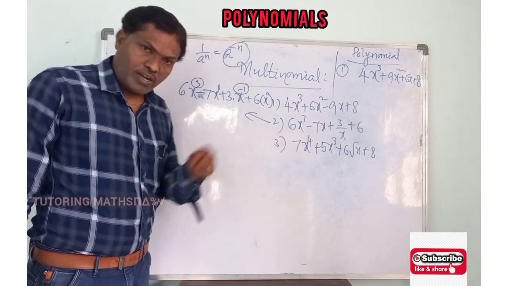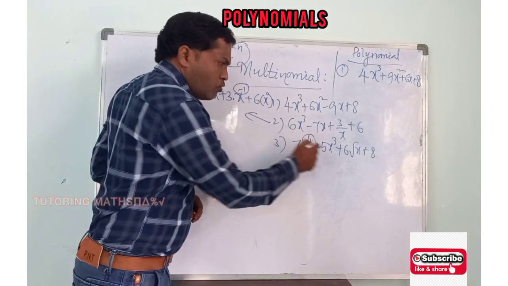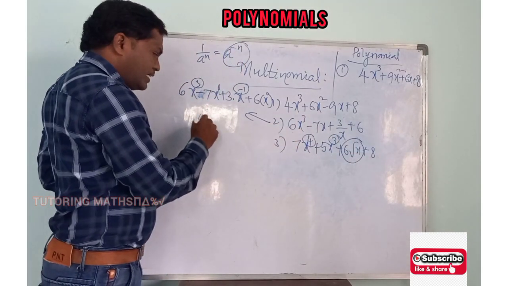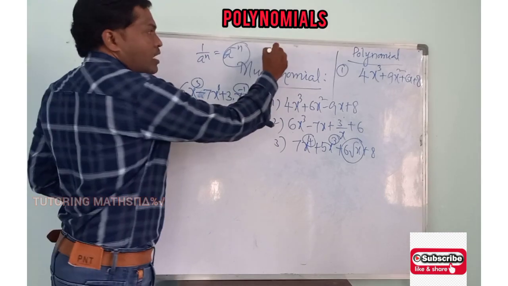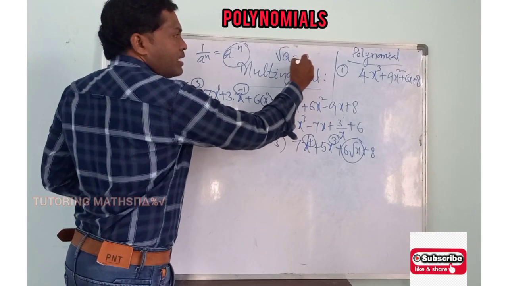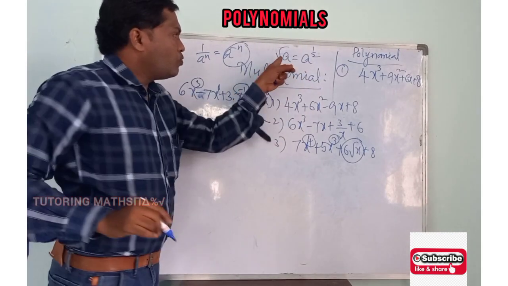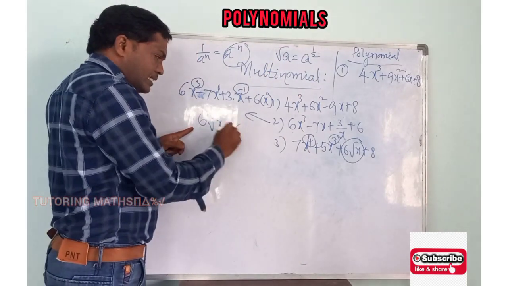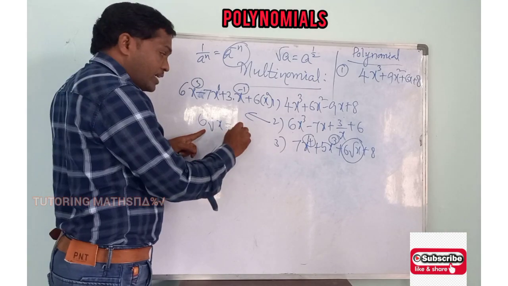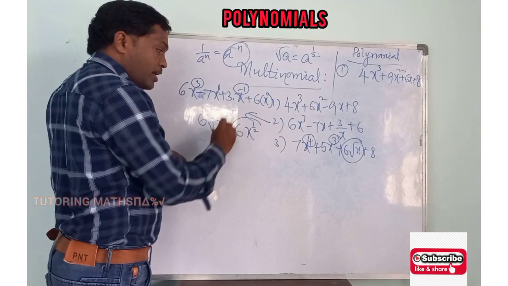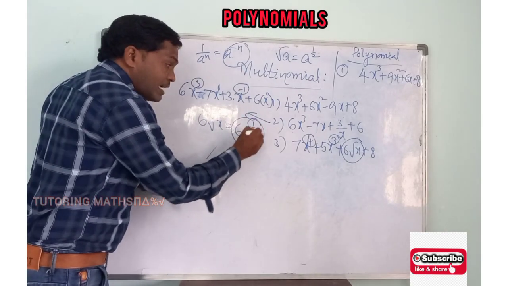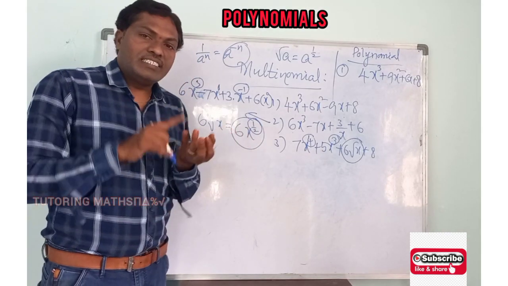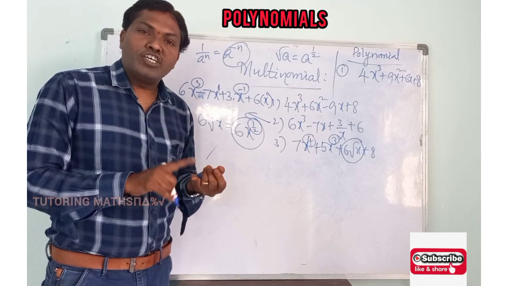And observe the next one. Exponent 4, exponent 3, and we have 6 into root x. You know that root a can be written as a to the power of 1 by 2. In the same manner, 6 root x, what is root x? X to the power of 1 by 2. What is the exponent of this variable literal term? It is not a positive integer.